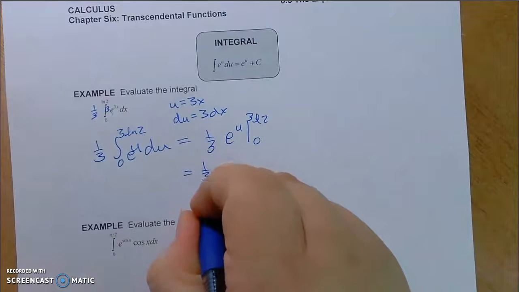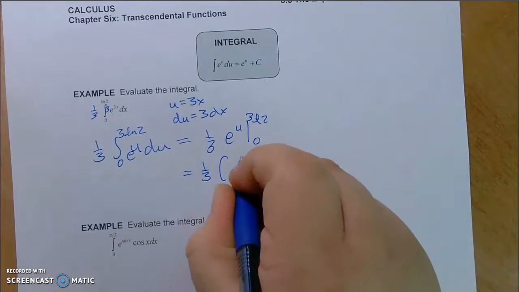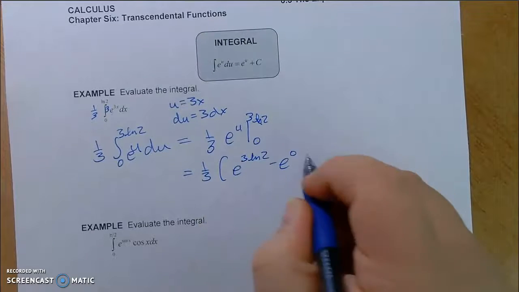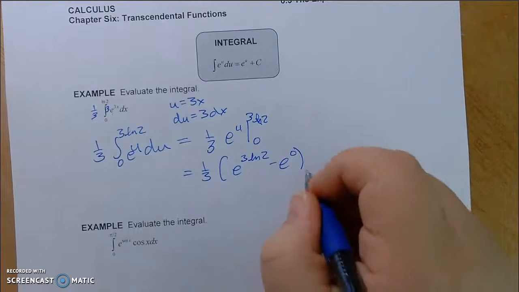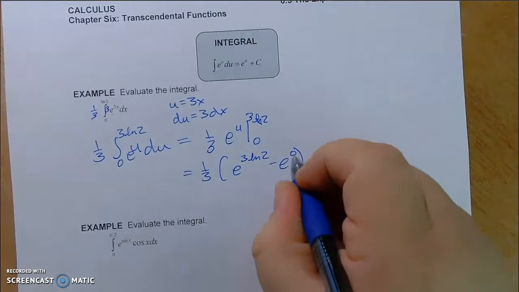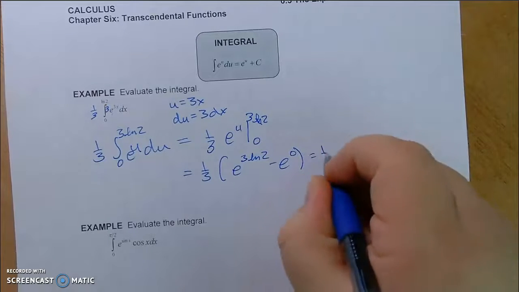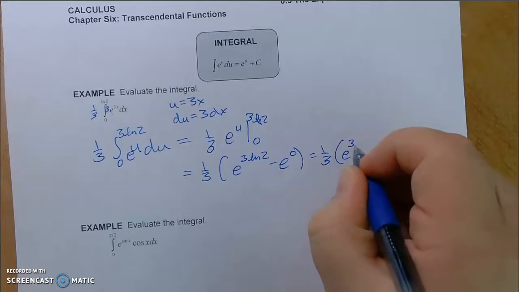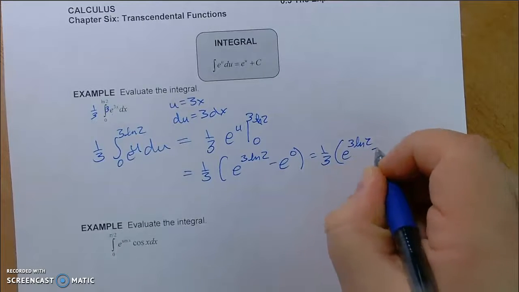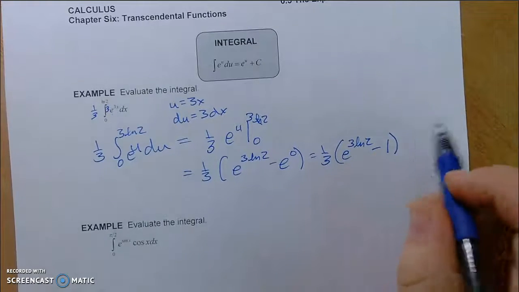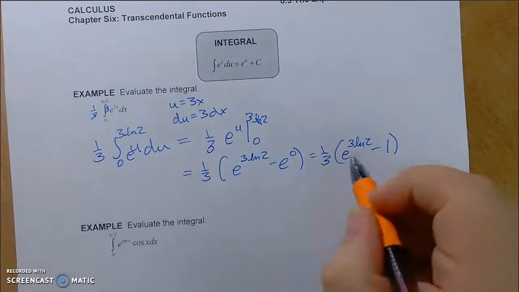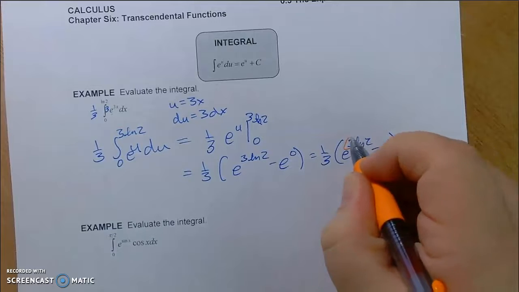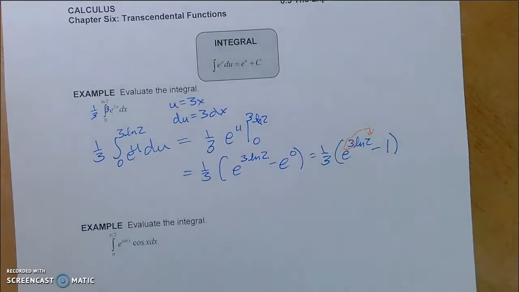If we write it all out, plug it in, we get 1/3 e to the 3 times natural log of 2 minus e to the 0. Anything to the 0 power is just 1, so we have 1/3 e to the 3 times natural log of 2 minus 1. We'd want to cancel this, but we can only cancel that if they're touching. Well, we can make them touch if we pull that up top.